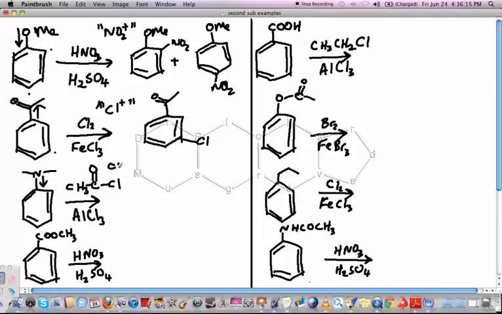Alright, so again the electrophile is this. And the join to the ring will always be through the positively charged carbon atom, which was the one connected to the chlorine. Okay, so the product here, one of them, will be this.